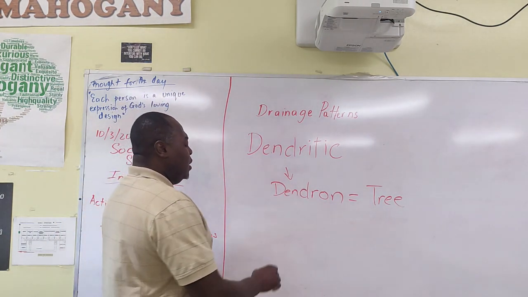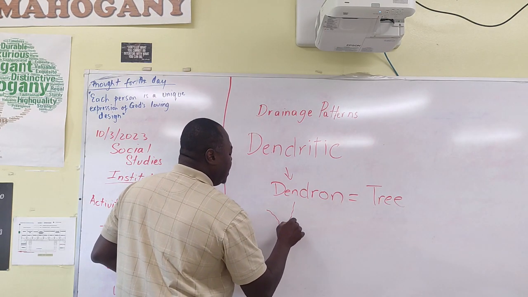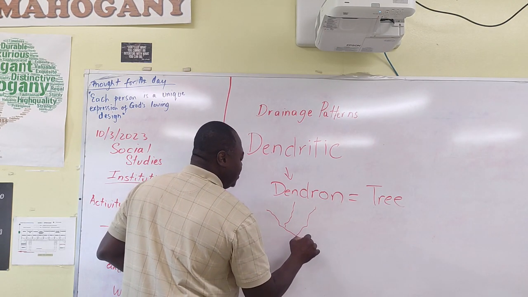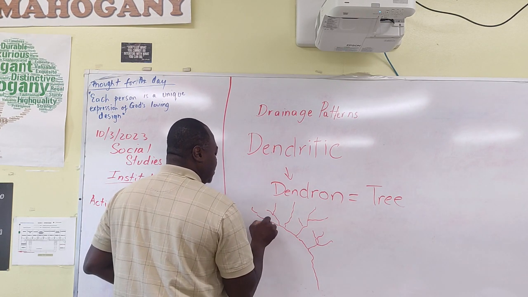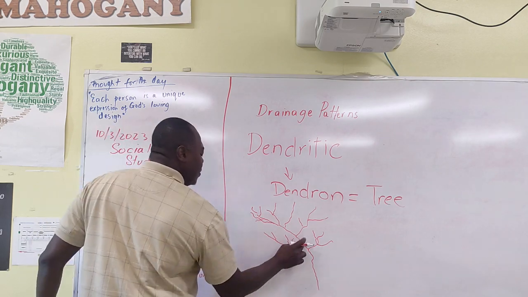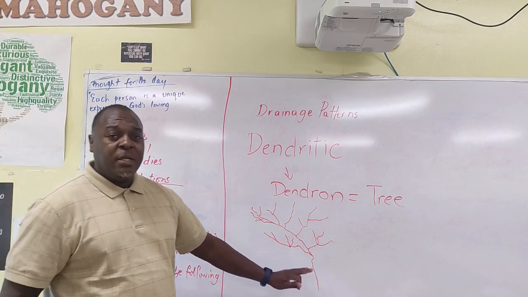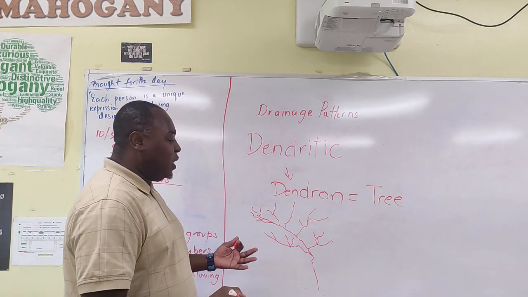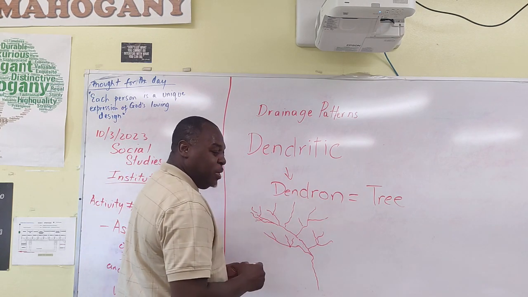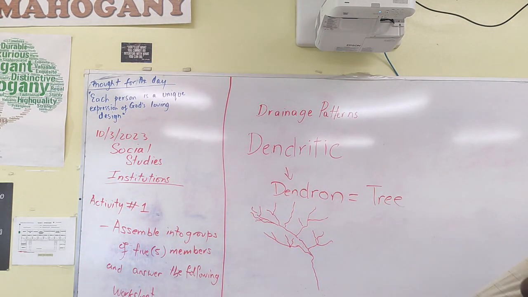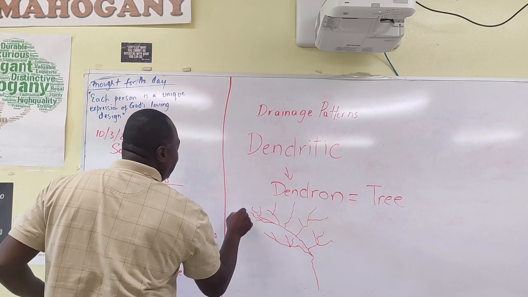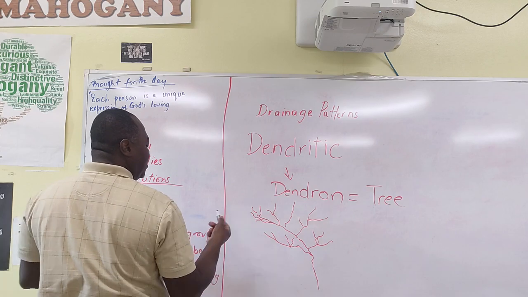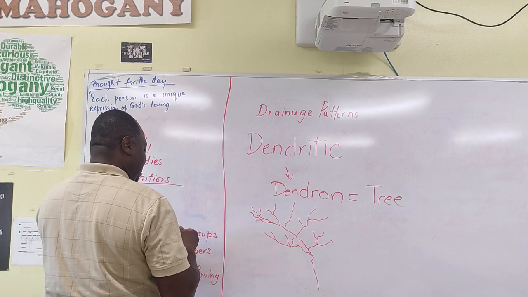That's because when you look at a dendritic pattern on a landscape, automatically you start to visualize. Maybe if it had, why is my marker failing?